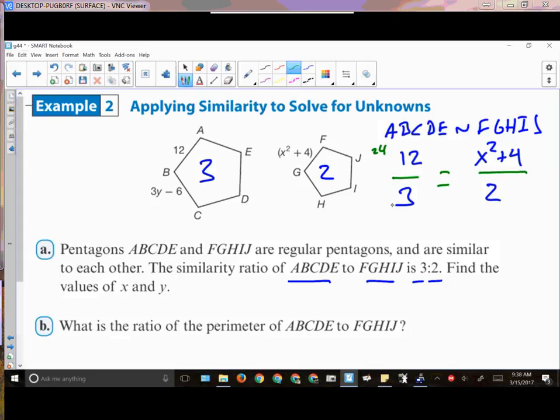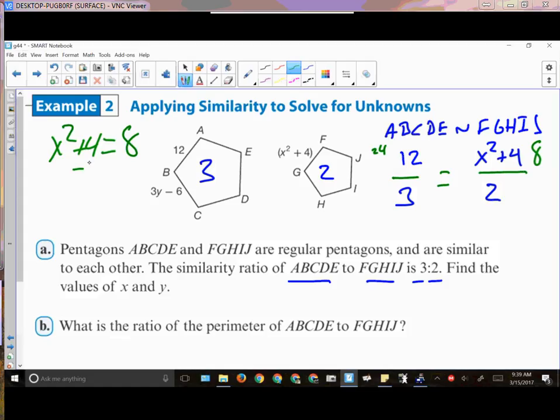What's 24 divided by 3? 8. So this has to be 8. So notice how I didn't even bother messing with this x squared plus 4 bit and multiply it through. All I know is that x squared plus 4 must be equal to what? 8. Because I had the 2, the 12, and the 3, it's got to be 8.